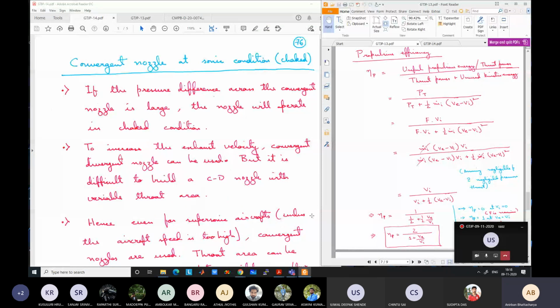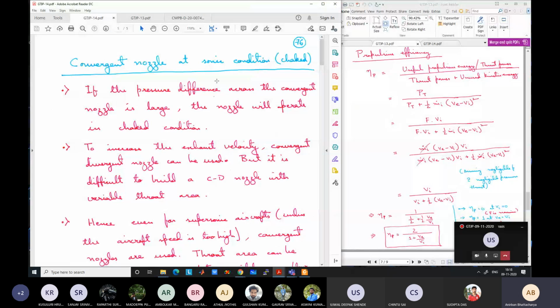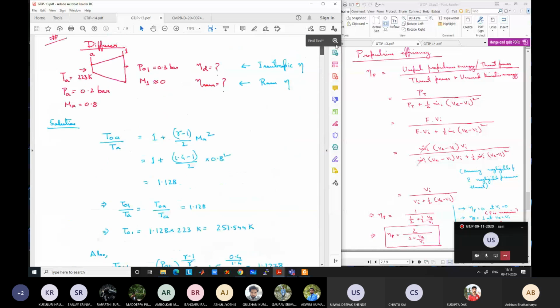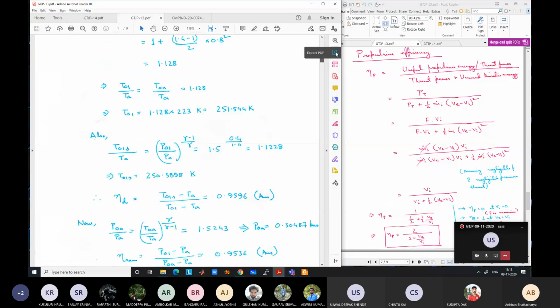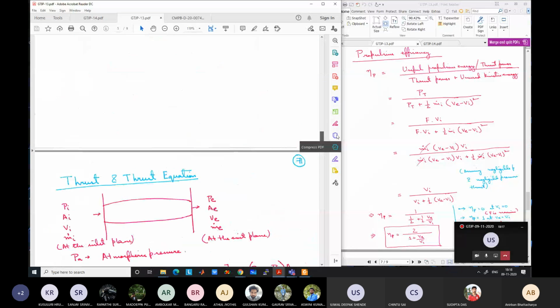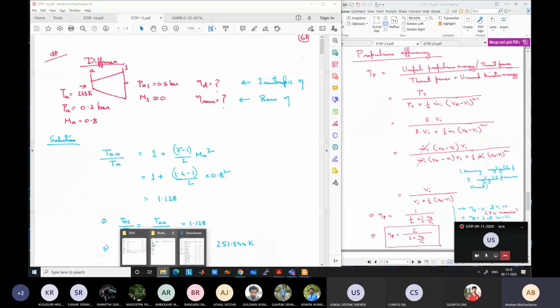So if you just take a look back at what we had discussed in the turbojet part, let me just open the diagram.